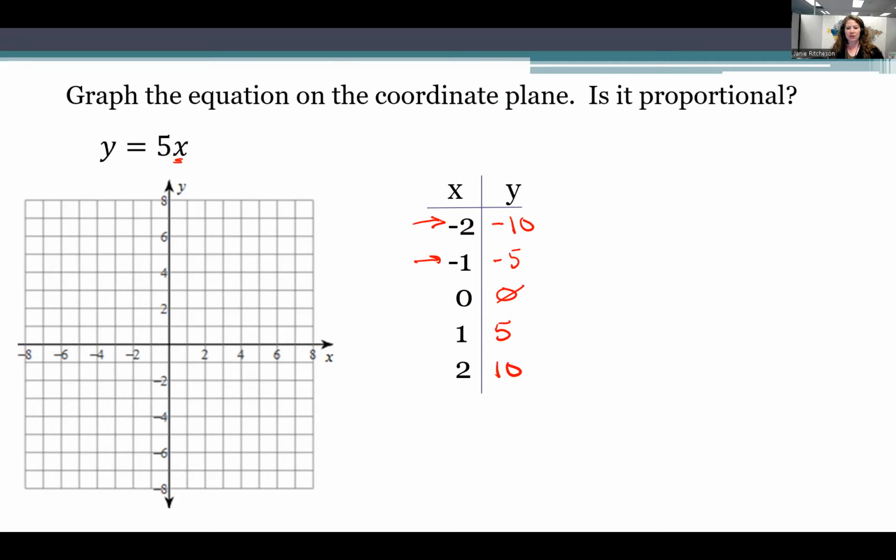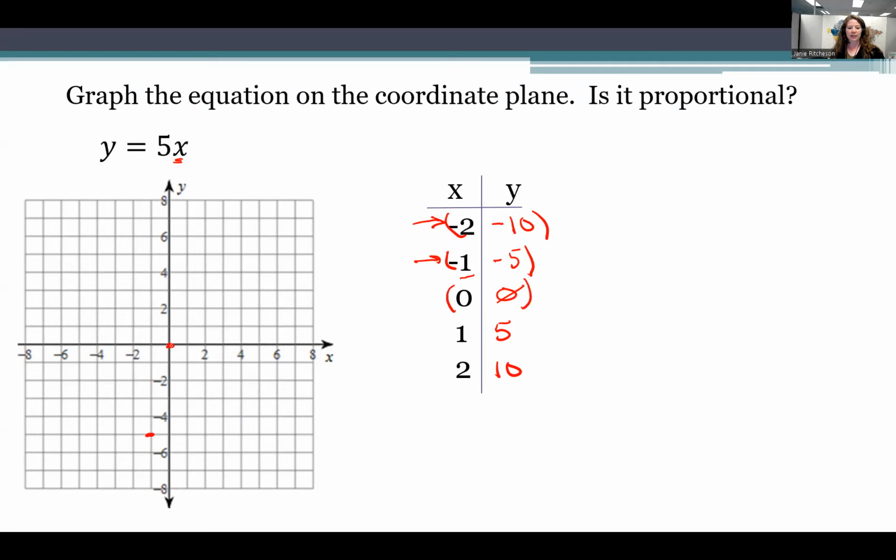All right, so some of these numbers are too large to graph, like we don't have a -10 on our graph, but we can graph the second ordered pair. The first number tells me to go left 1, and the second number tells me to go down 5. So from the origin, I'm going to go left 1, down 5. I said that backwards. Then I can graph the ordered pair 0, 0.